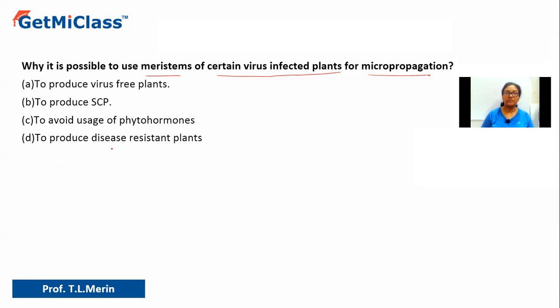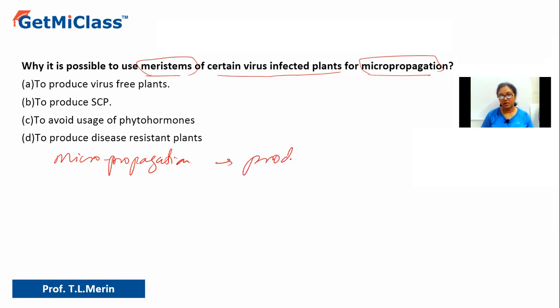Now, first of all, we have to look for the two important words, micropropagation and meristem. So first, let us talk about micropropagation. What do you mean by micropropagation? Micropropagation is nothing but production of many number of plants by tissue culture.